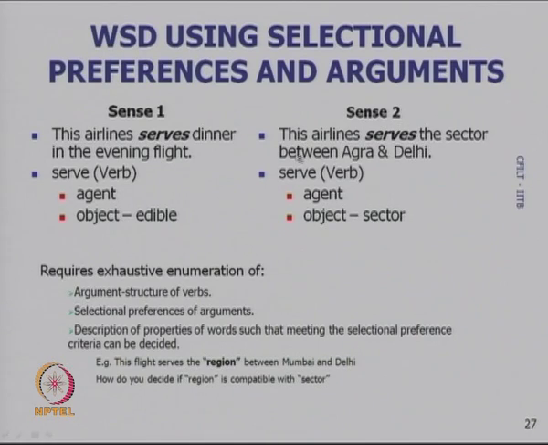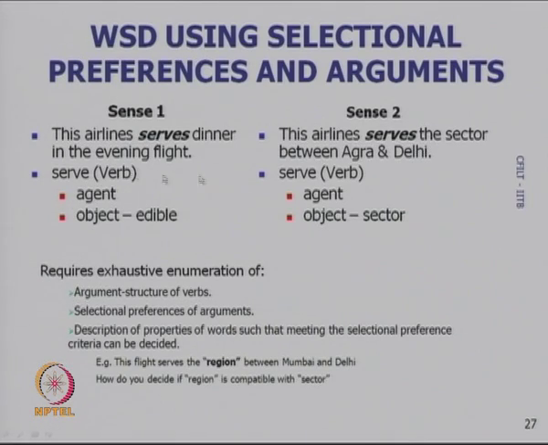Another sense of serve is this airline serves the sector between Agra and Delhi. Here serving means to carry transportation, and this serving means to offer, to give. So, the airlines gives dinner in the evening flight. This airline operates carriages in the sector between Agra and Delhi.